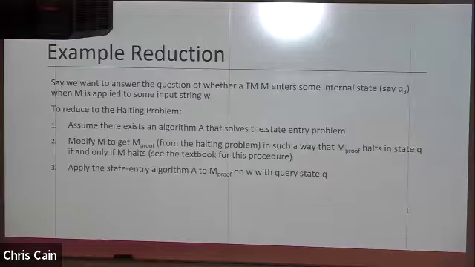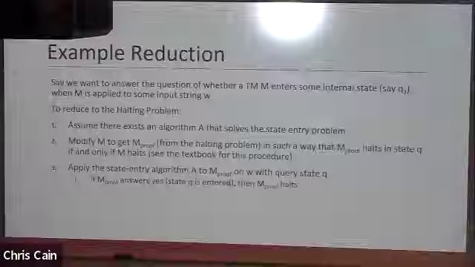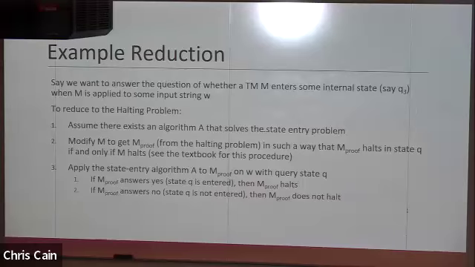So we've reduced it to the halting problem, with the idea that if we could solve this problem, then we just manipulate it in such a way that we get the halting problem, and we can solve the halting problem with the state entry problem. So if M proof answers yes, state Q is entered, then M proof halts. If M proof answers no, state Q is not entered, then M proof does not halt. And we have the halting problem.